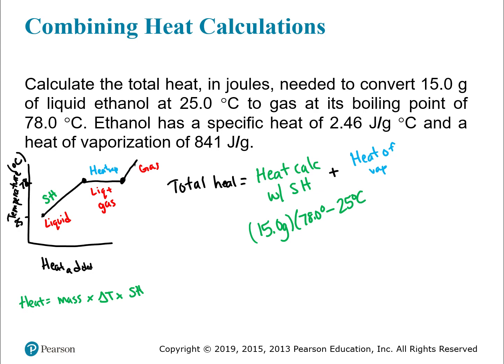Need to put all my sig figs. That's the wrong color green. My bad. Much better. So there's our mass, our delta T, and our specific heat. We're told it's 2.46 joules per gram degree Celsius.